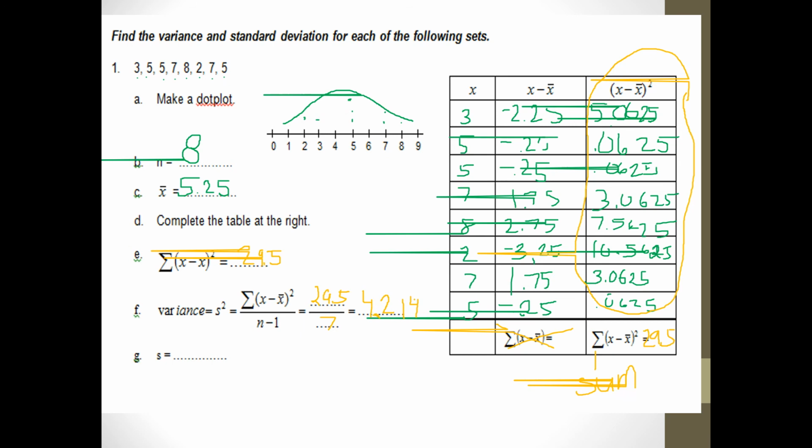So I've got 4.214. Now to find s, we're going to take that number that we just found right here, this 4.214, and I'm going to square root it. So the square root of the 4.214 is, oh goodness, I really don't know.